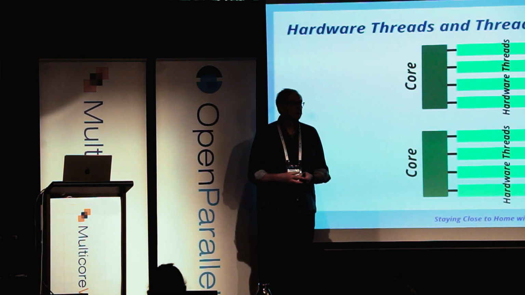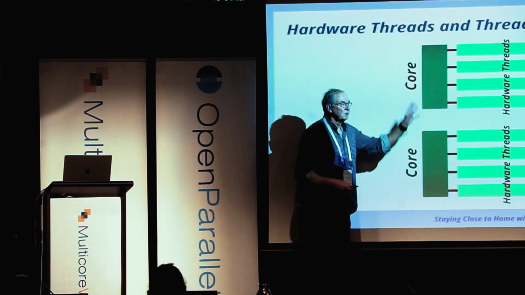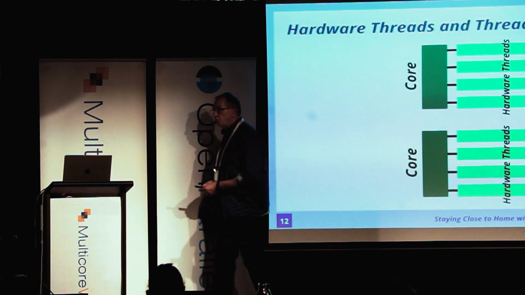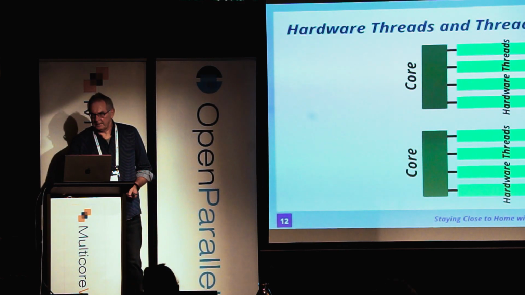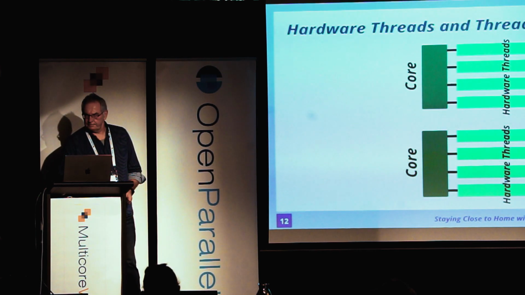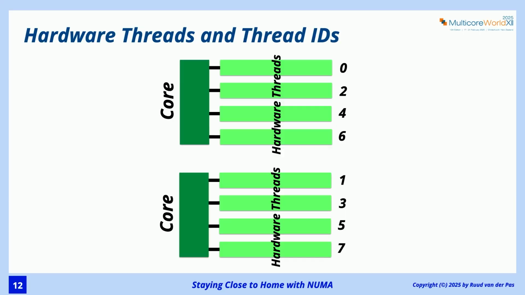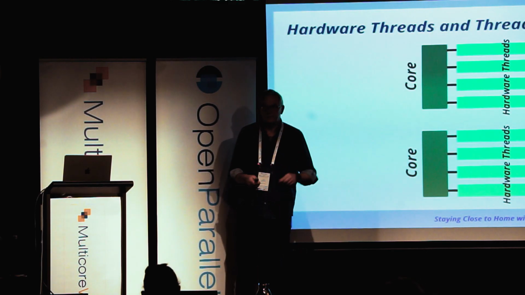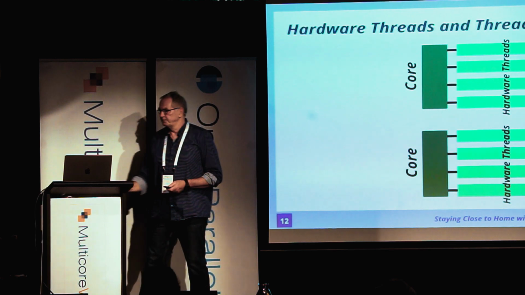That's essentially what it means. How many you have, that's up to the designers. You can have 2 or 4, 8 have been around. And this is why I'm showing this slide. These threads all get a number that's assigned by the operating system, so you can identify exactly which hardware thread you have in your box.